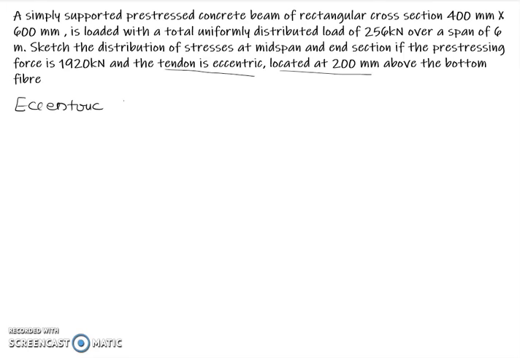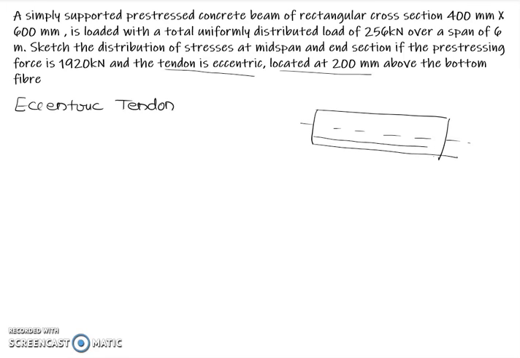So we need to first find what is the eccentricity E. The tendon is placed at 200 mm above the bottom fiber. So if this is the section and this is the CG, it is provided at 200 mm above the bottom.